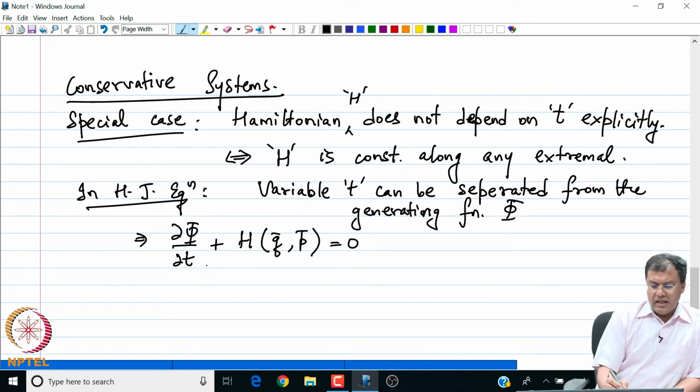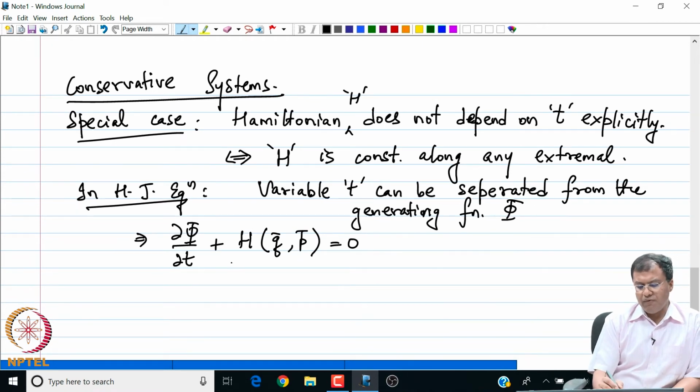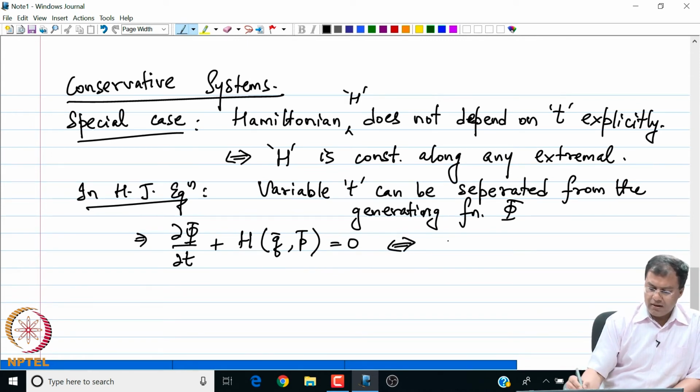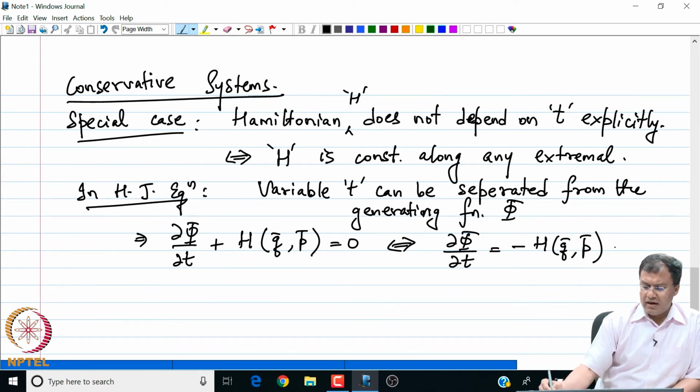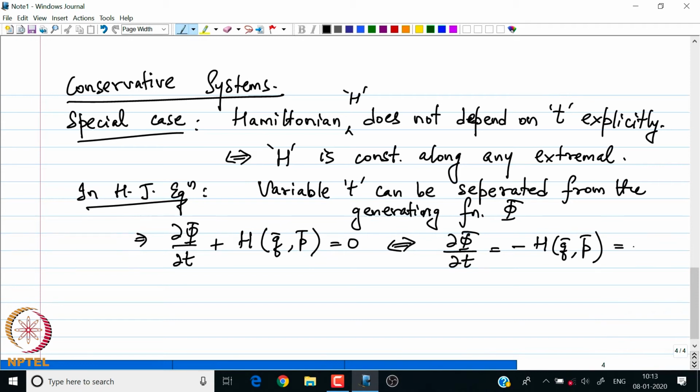See that in this equation the only function of t will appear here in del phi del t, right. So, from here we can say that del phi del t is equal to minus h of q bar comma p, and they can only be equal where one of them is independent of t, the other may or may not contain t. They can only be equal when they are both a constant.